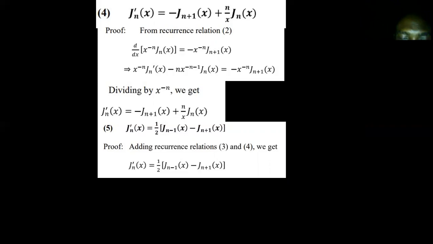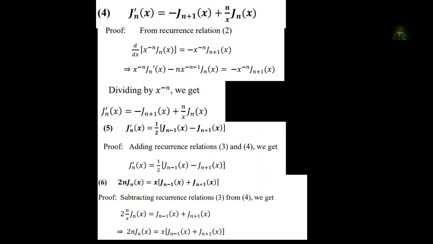If I add it with relation 4, Bessel function of n prime equals minus Bessel function of n plus 1 of x plus n over x Bessel function of n. If I add it, at the end of the day, I will have Bessel function of n prime equals 1 over 2 Bessel function of n minus 1 minus Bessel function of n plus 1.